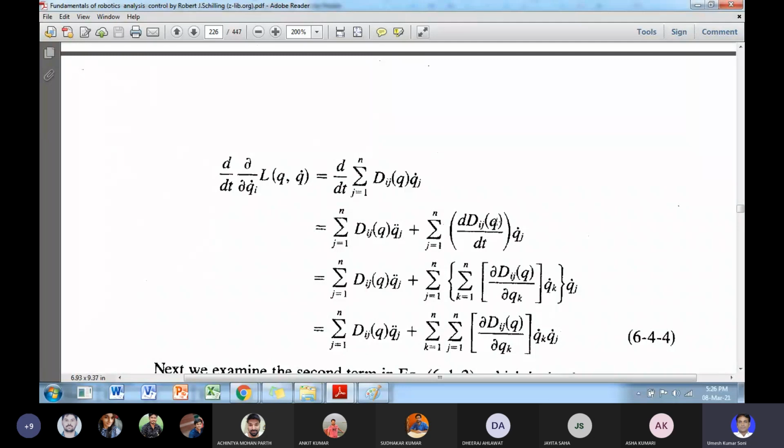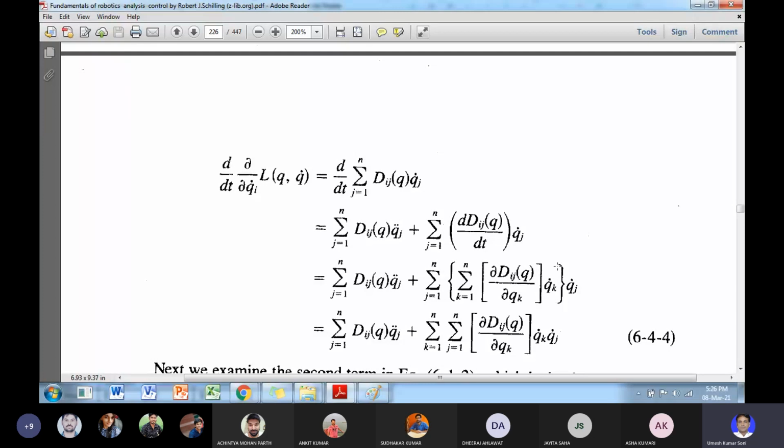Now suppose d_ij(q) is a function of q_k, then we partially differentiate with respect to q_k and take the derivative q_k dot, dq_k upon dt.